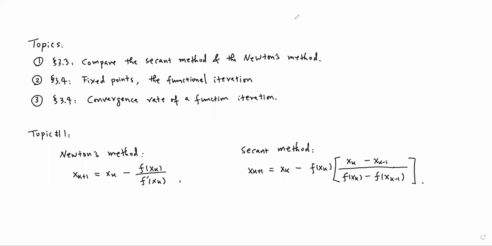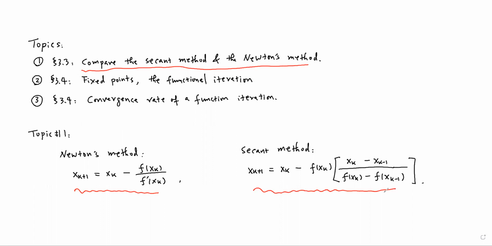Okay. Today I want to compare the secant method and Newton's method first, and then turn to section 4. Here, this formula is Newton's method, and this is the secant method.